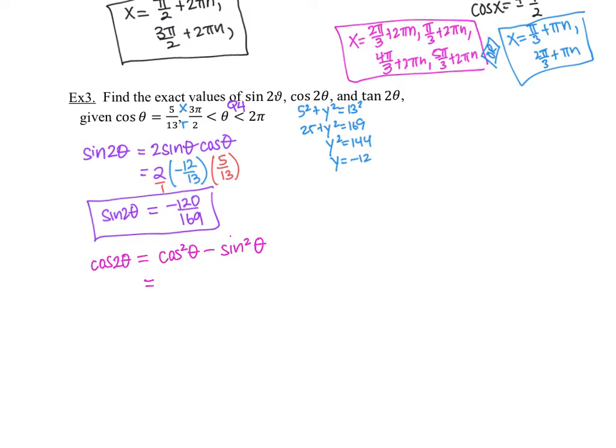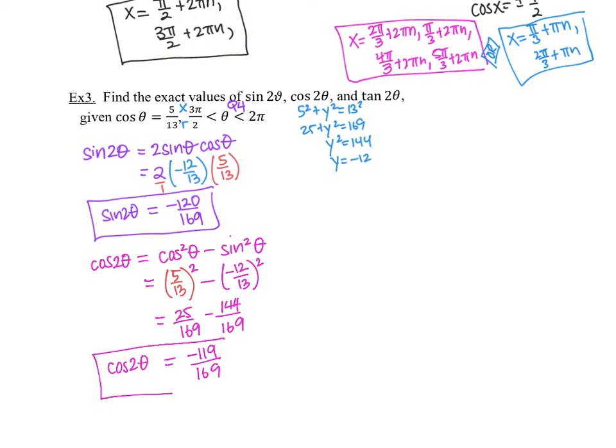The cosine is 5 over 13 squared, minus sine, which is negative 12 over 13 because it's y over r, squared. So the cosine of 2 theta would equal negative 119 over 169. And I can calculate this even though I have no idea what theta is. I know it's in quadrant 4.